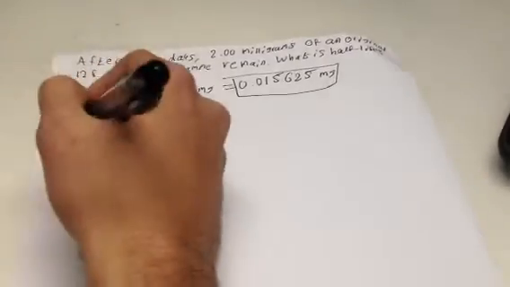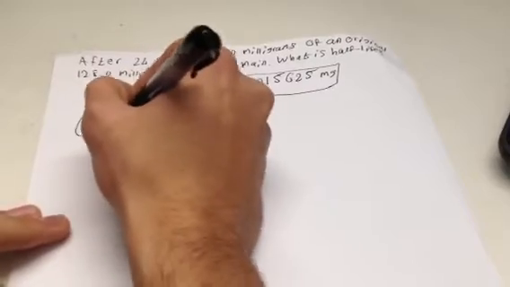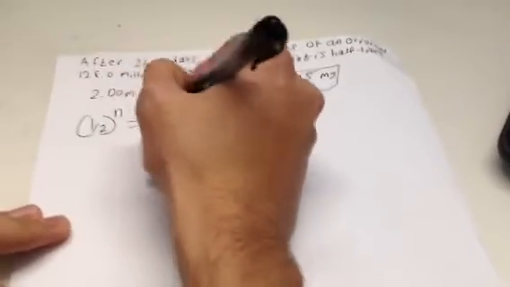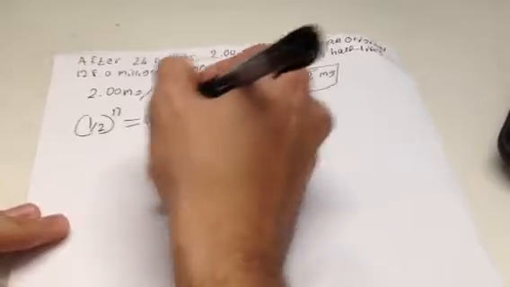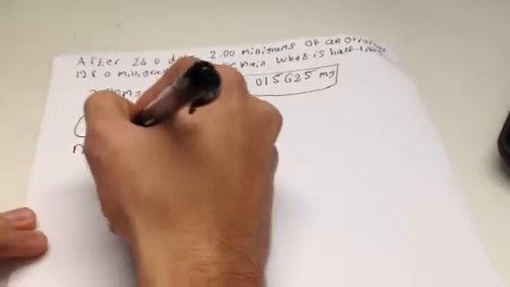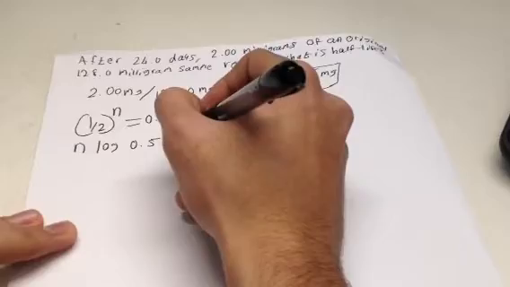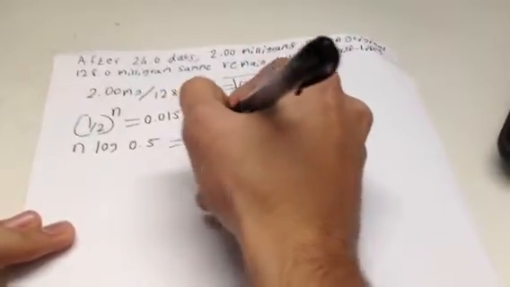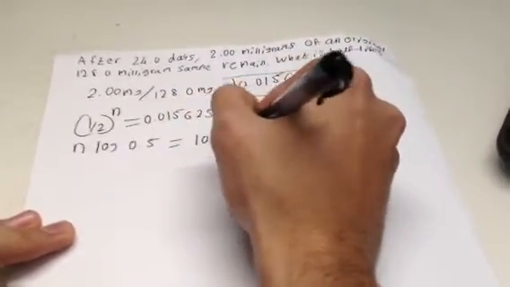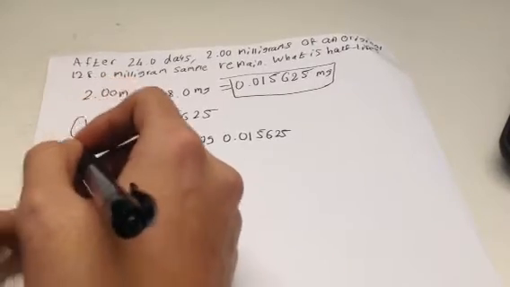This is the amount that is remaining. So we have to do 1/2 to the nth power equals 0.015625. And then we need to do n log 0.5, which should equal log 0.015625.